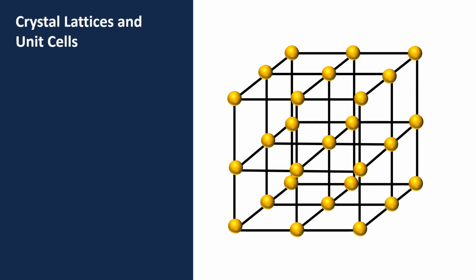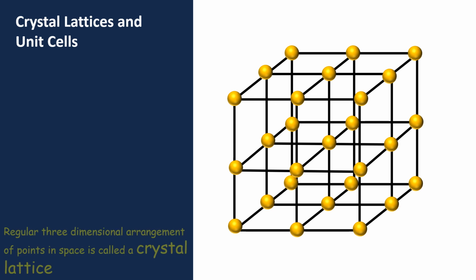This regular three-dimensional arrangement of points is called the crystal lattice, and each point represents a particle. Those points are called lattice points. Actually, a lattice point is nothing but the center of each constituent particle. This is the crystal lattice.